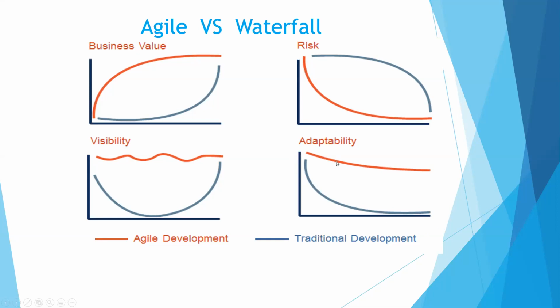But in agile, part of the principle driving agile is being open to change at any time, even towards the end. So this four-part graph summarizes the benefits and value of agile and Waterfall.